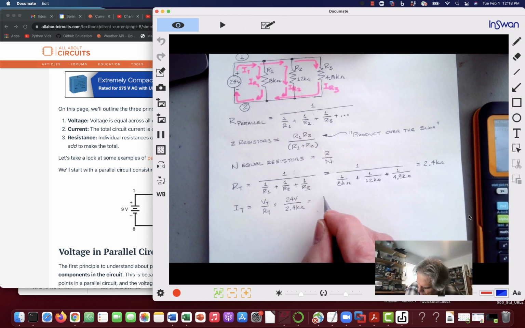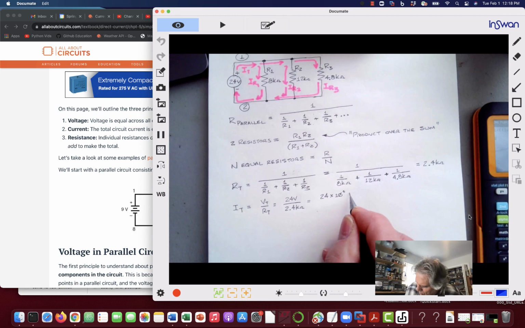So I'm going to have 24 times 10 to the 0 volts over 2.4 times 10. So this is a 0. Sorry about that.